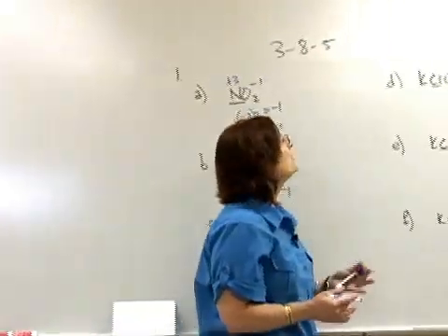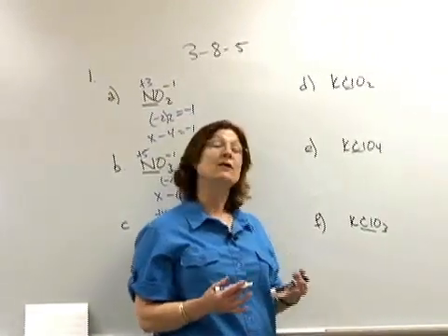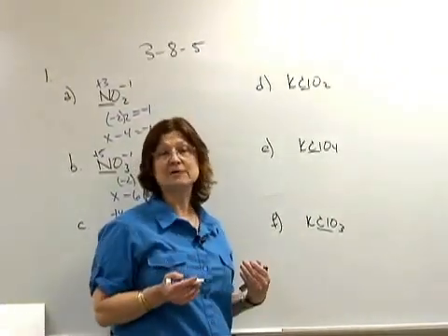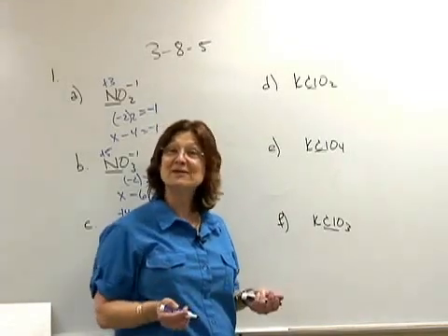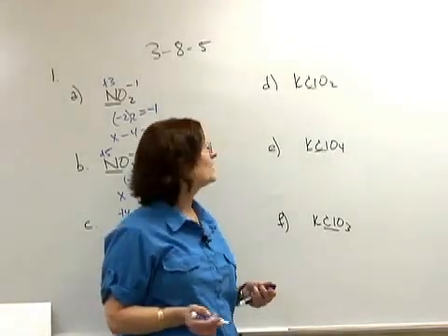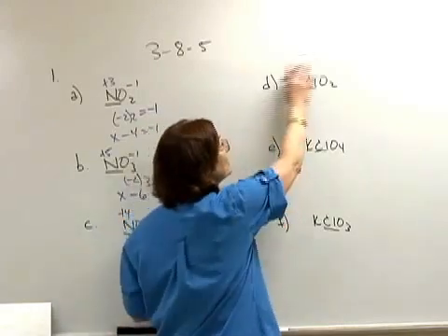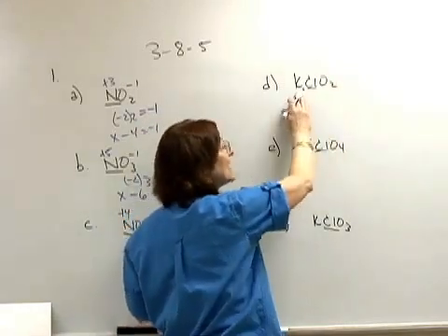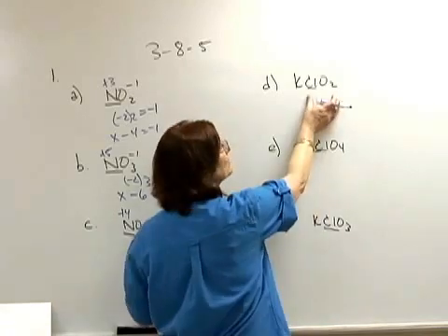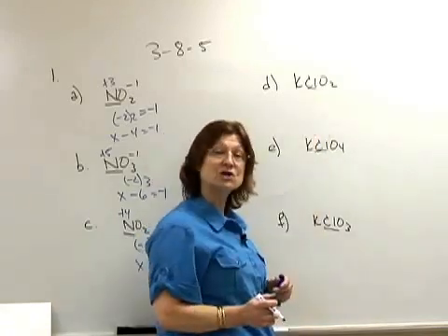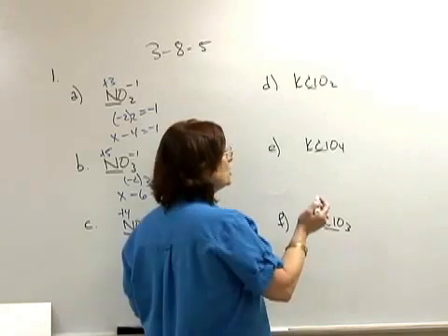Then we have compounds, and we have been removing the polyatomic ion from the compound. And I could do it in the compound, and potassium is always +1, and therefore I know that this polyatomic ion must have a -1 charge. It is chlorite.